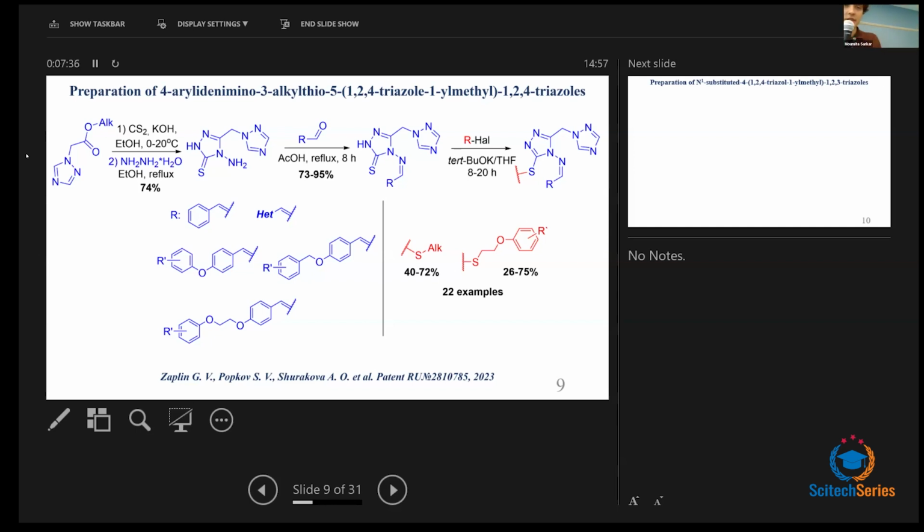At the first stage, it's condensation with carbon disulfide in the presence of base and then reaction with hydrazine hydrate. And then we modify this by different aldehydes in the presence of acetic acid, then alkylate.